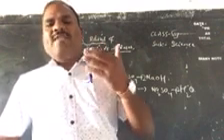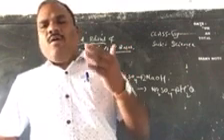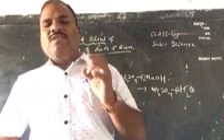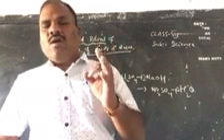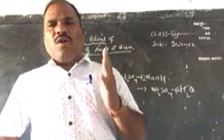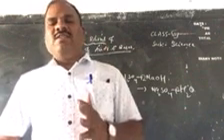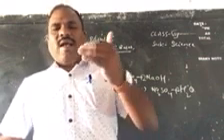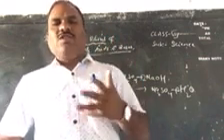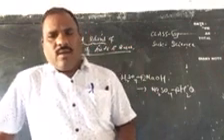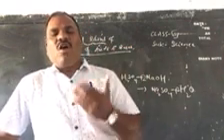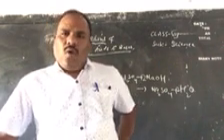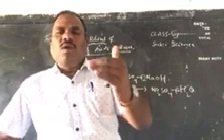Basic salts are formed from a strong base and a weak acid. Salts which change red litmus to blue are called basic salts. Example: NaOH plus acetic acid, CH3COOH, gives CH3COONa plus H2O. Next, neutral salts are formed by a strong acid and a strong base. NaOH plus HCl gives NaCl plus H2O. These are called neutral salts.